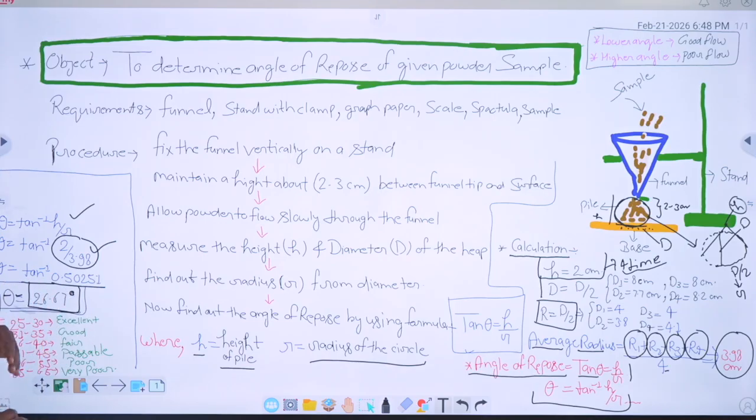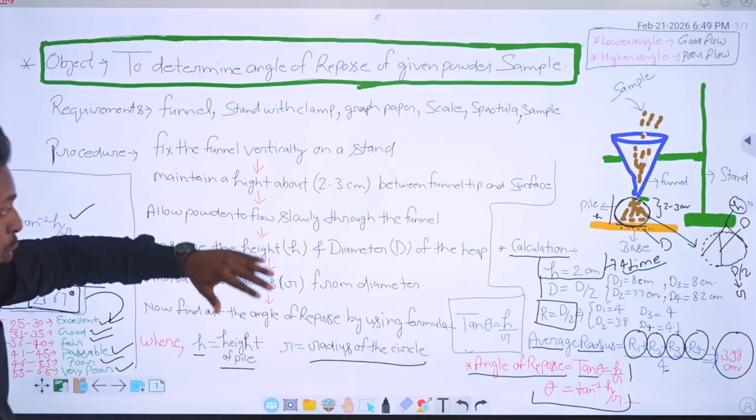After getting the value of theta, we match it with a table where we know the nature of our powder: 25 to 30 range is for excellent, 31 to 35 is good, 36 to 40 is fair, 41 to 45 is passable, 46 to 55 is poor, and 55 to 65 is very poor.